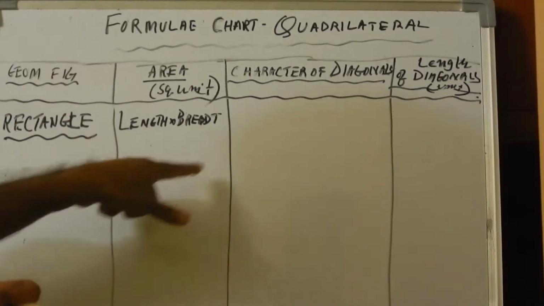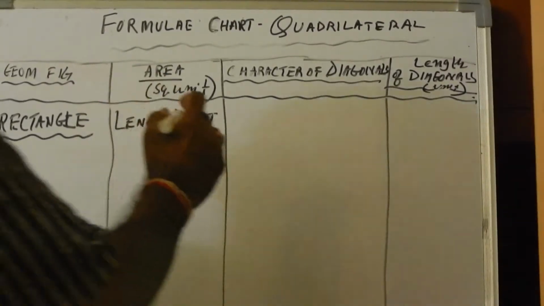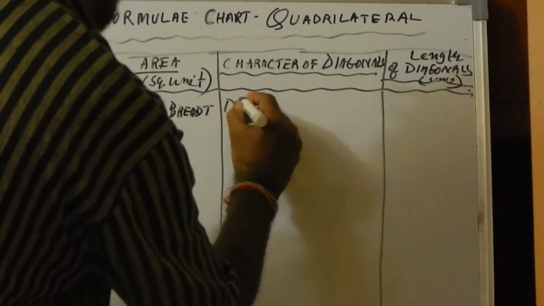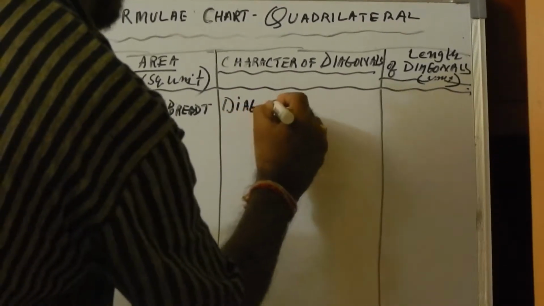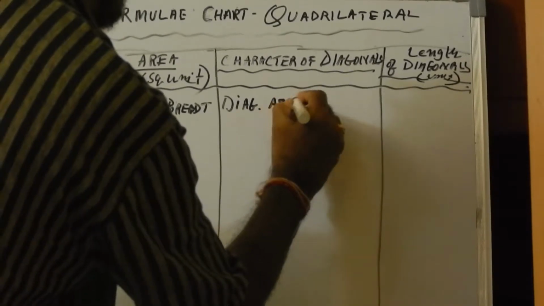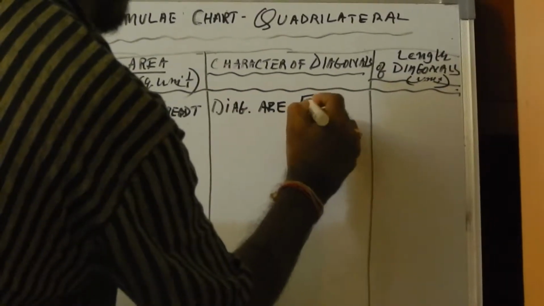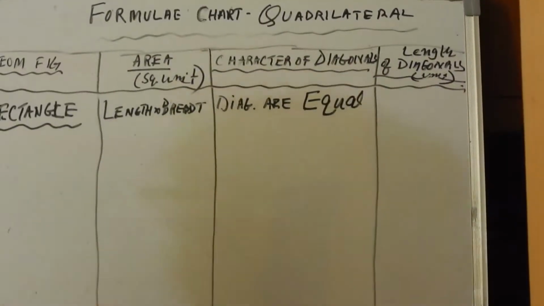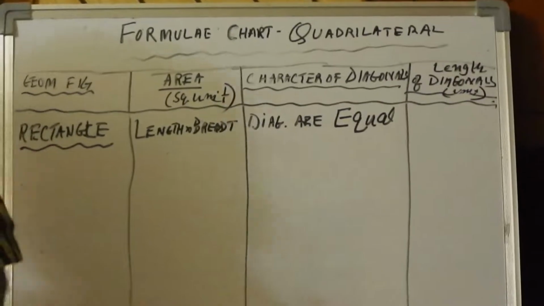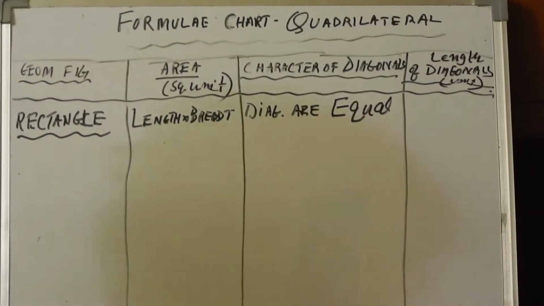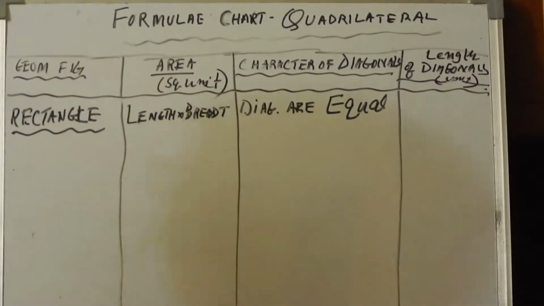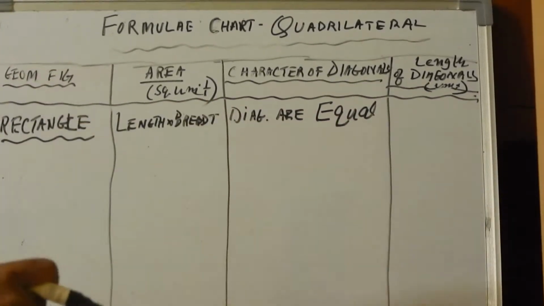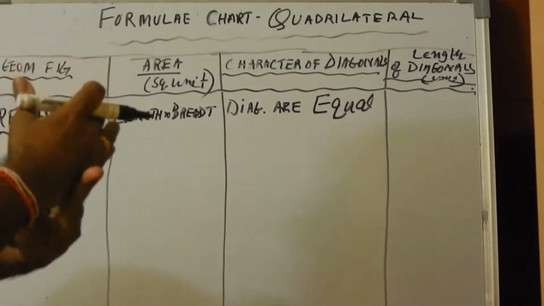Here in case of rectangle, the character of diagonals: first thing, diagonals are equal.